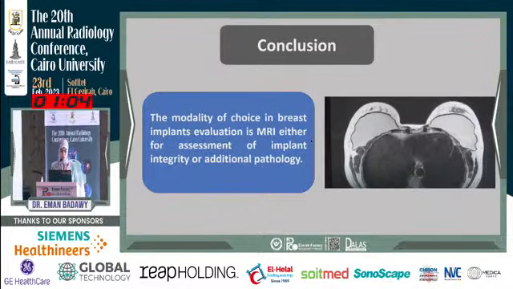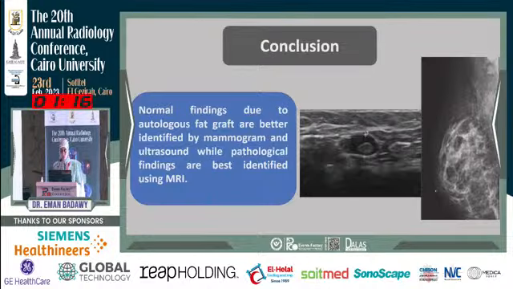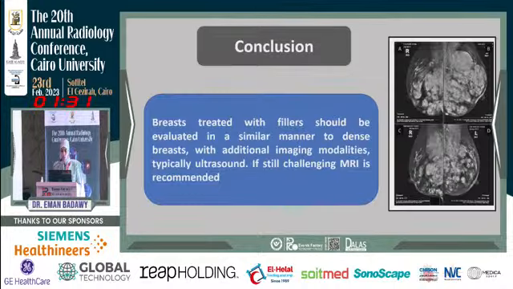Conclusion: the modality of choice in breast implant assessment is the MRI, either to assess the implant integrity or to assess additional pathology. In lipofilling, normal lipofilling can be assessed initially by ultrasound and mammogram, but if additional pathology is encountered, MRI is recommended.